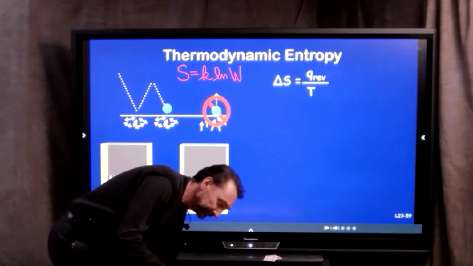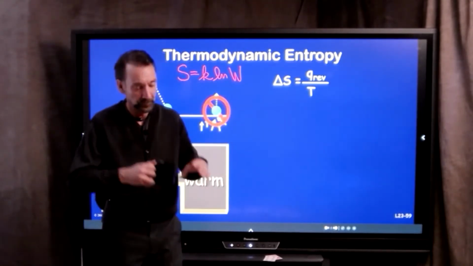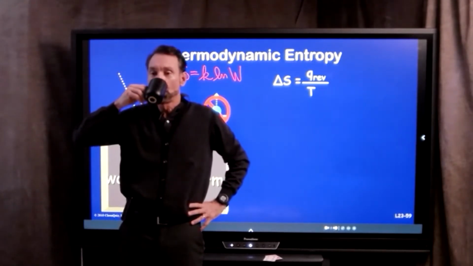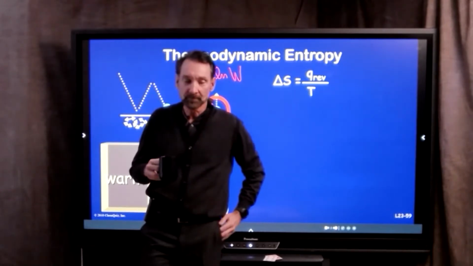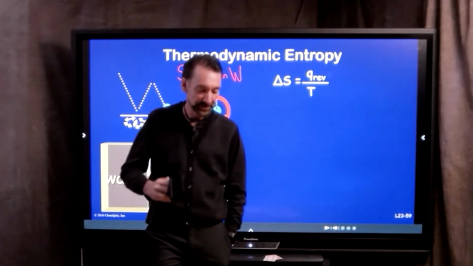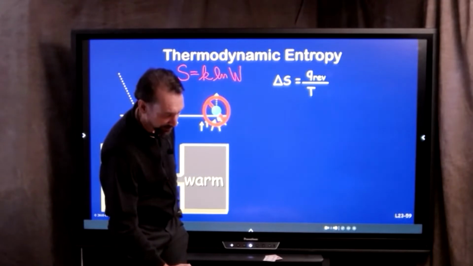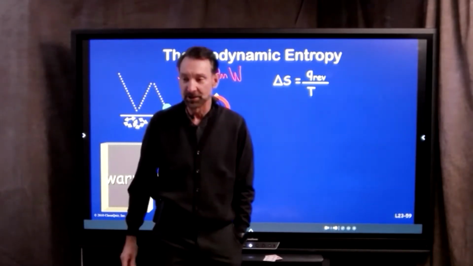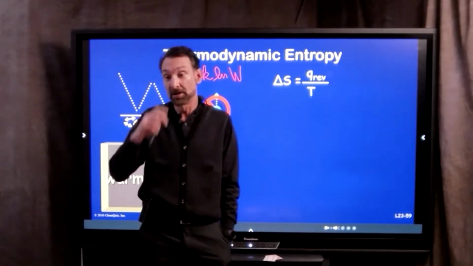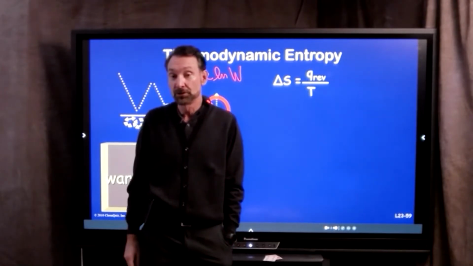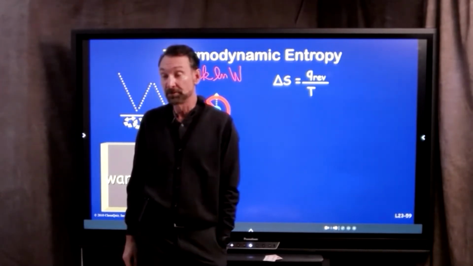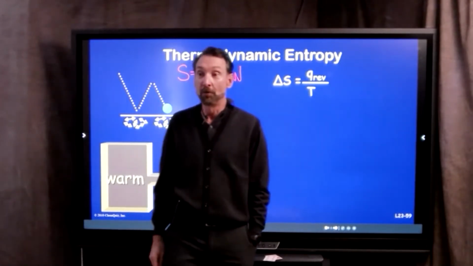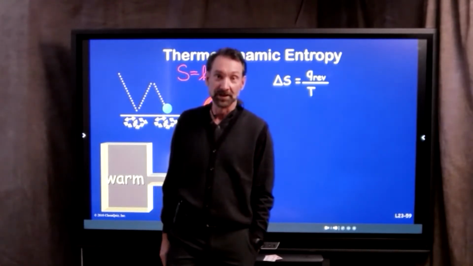First question: is the second law of thermodynamics just that entropy cannot decrease? Entropy of the universe, be careful. Overall entropy can't decrease.